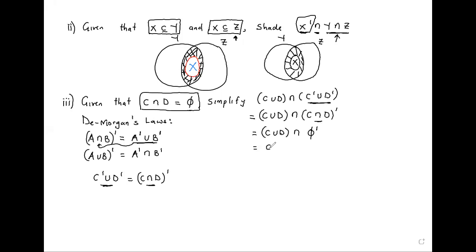But we know that the complement of an empty set is the universal set, where E is the universal set. But any small set intersection the universal is that small set.